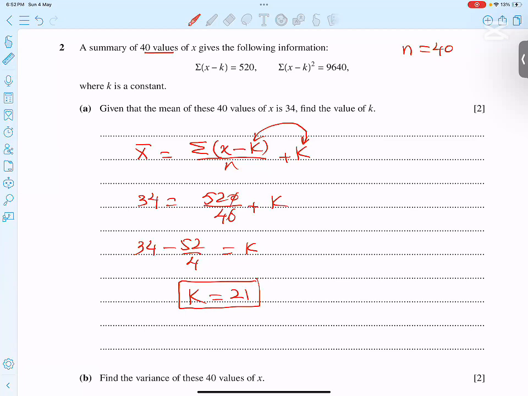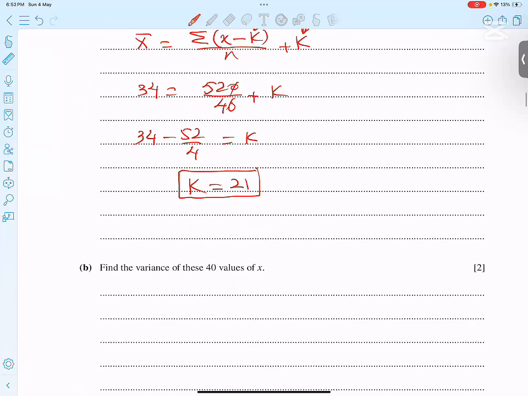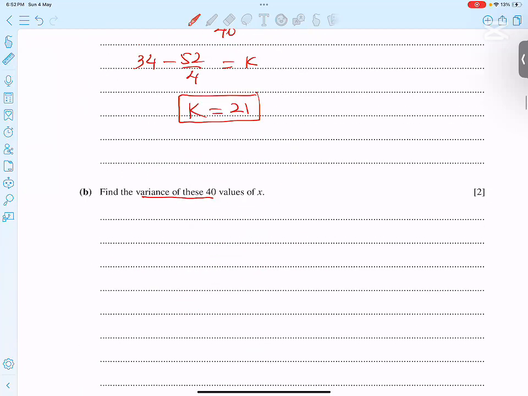When you talk about the next part, students, what is important here? He mentioned the variance. The variance is given here for the 40 values. What is the variance formula, students?